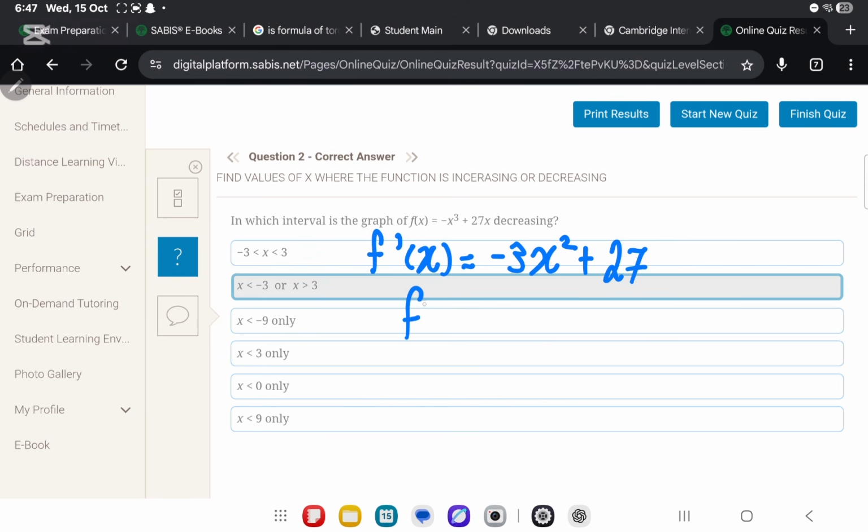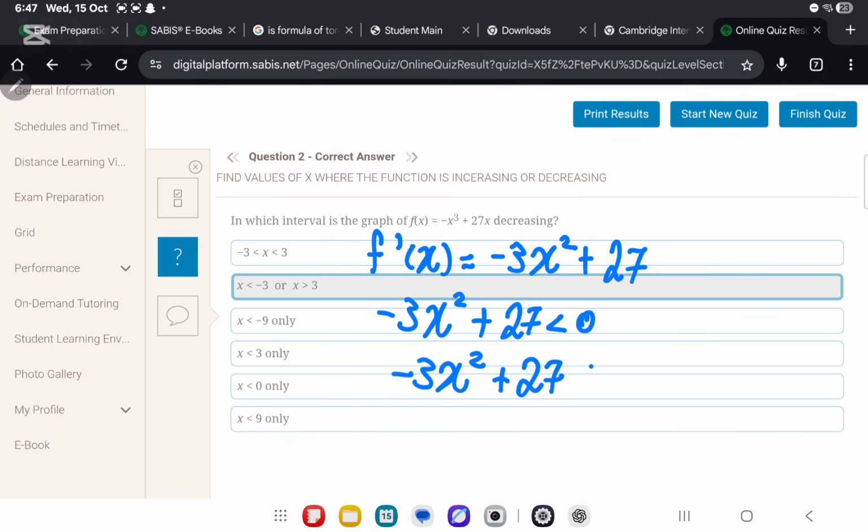Now set f prime of x less than 0. Negative 3x squared plus 27 is less than 0. Take 27 to the other side: negative 3x squared is less than negative 27, right?